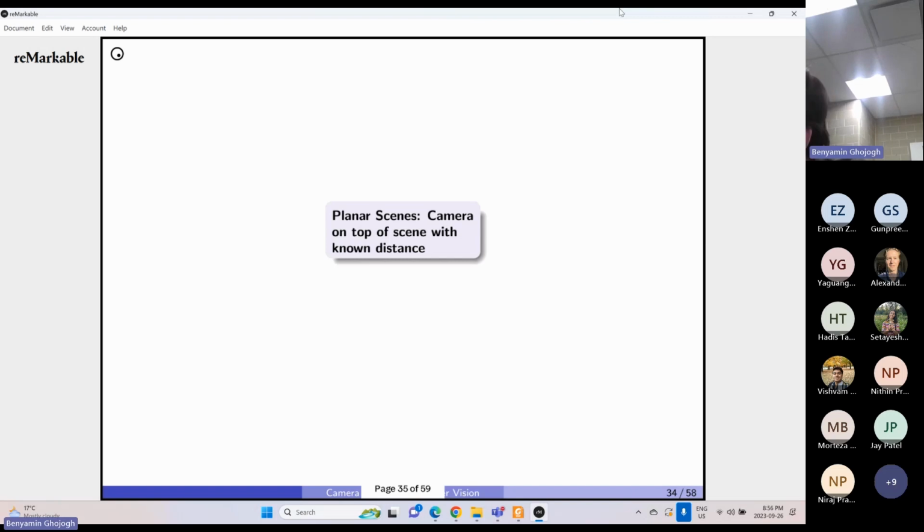Okay, now planar scenes. Camera on top of the scene with known distance. What do I mean? Consider a camera which is looking at a planar scene, where the scene is a plane. Why is it useful? Have you seen the use cases of this in industry? Can you give me some guesses?